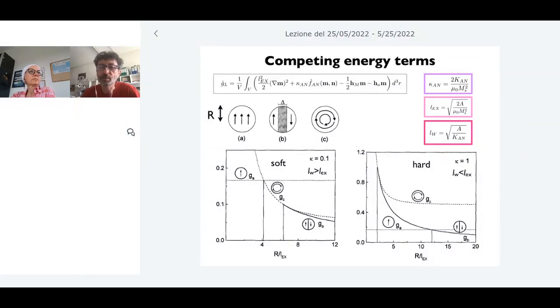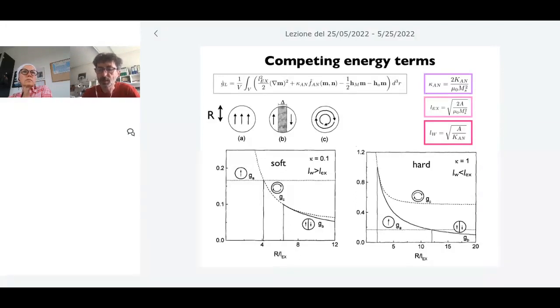So when you have exchange energy, anisotropy energy, and magnetostatic energy, all three together, and you want to evaluate them in a quite simple case, where you have a magnetic material which is a sort of a dot or a small sphere with a typical radius r, because the dimension that was missing was the dimension of the sample. So we have to compare this length with the typical sample size.